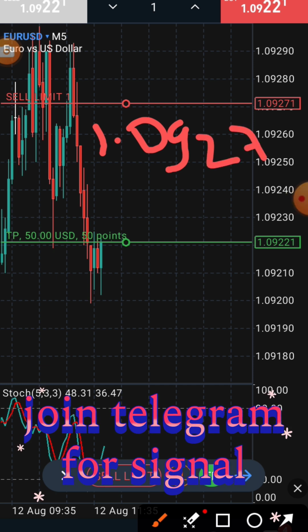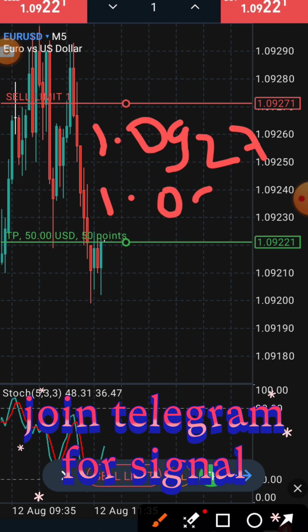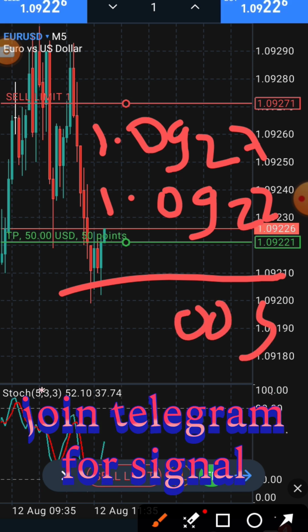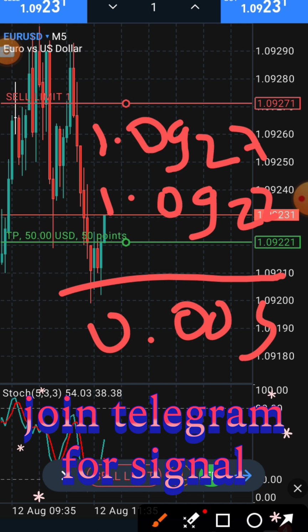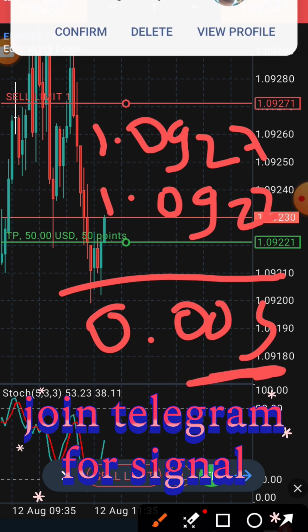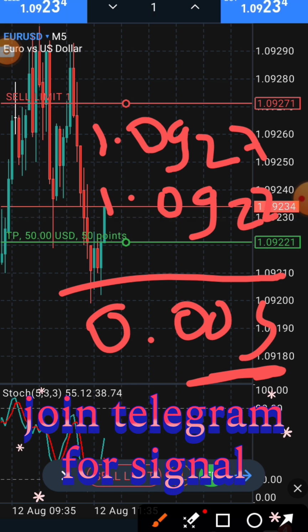Take up to 4 digits and ignore the others, and you book the profit at 1.0922. So let's subtract: 7 minus 2 is 5, and the other digits are 0. So you can see the change in price is 5 pips. So we can see a 5 pip movement from here to here.